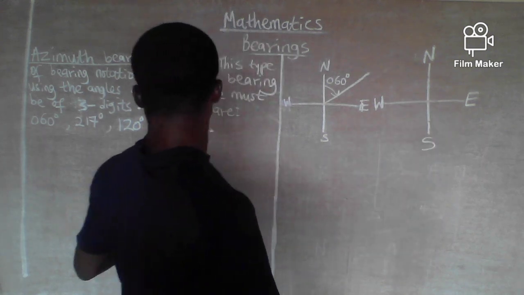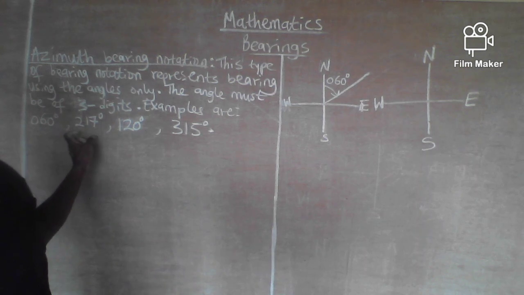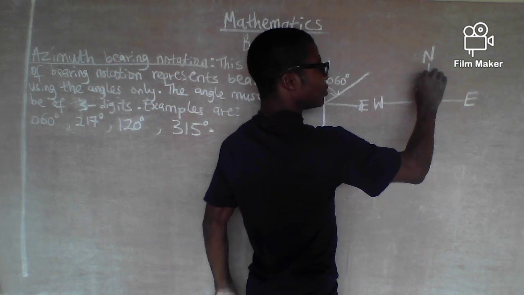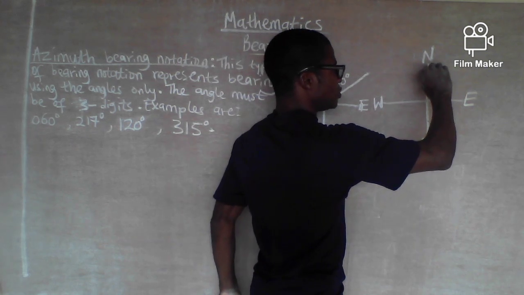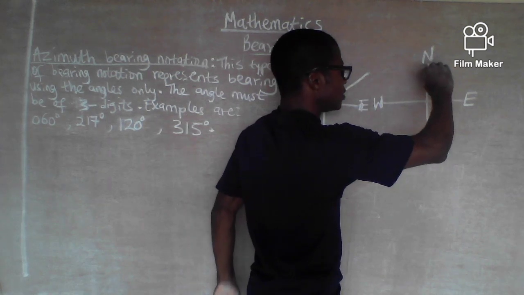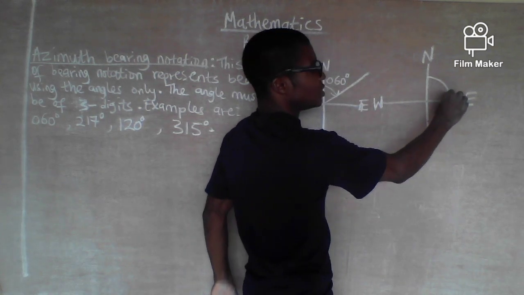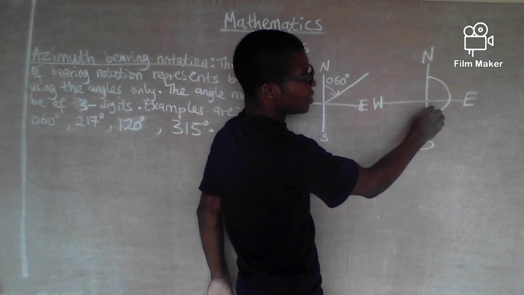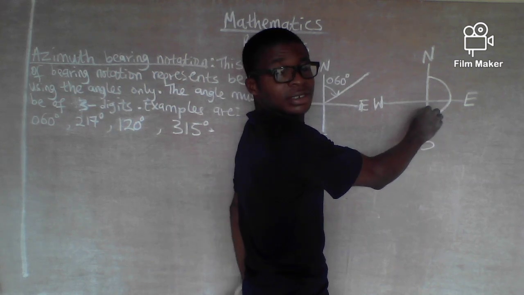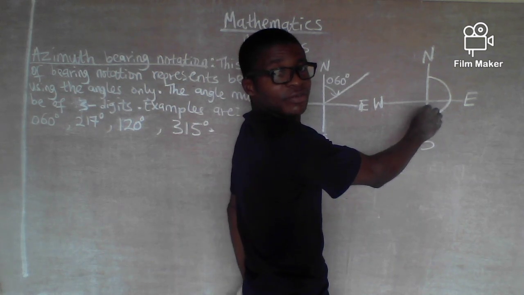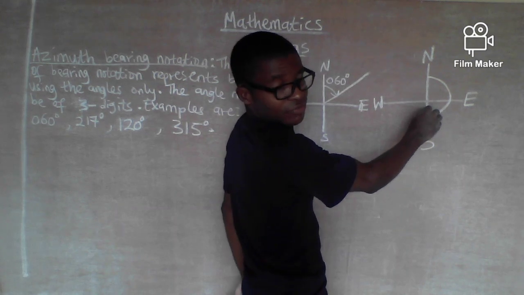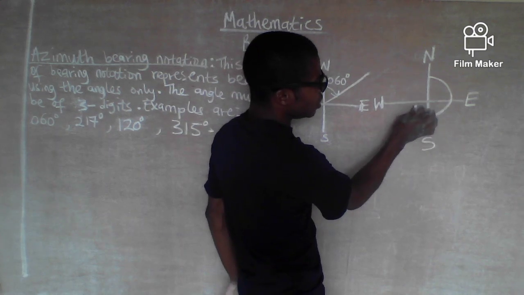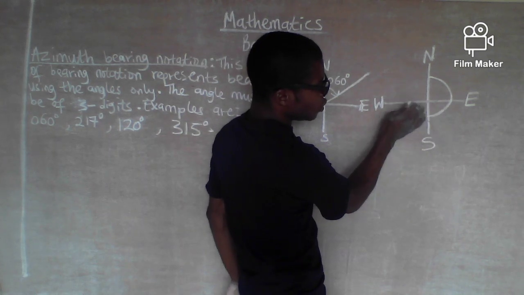So let me represent 217 degrees. From the cardinal point north, I measure 217 degrees. From this point to this point is 90 degrees. Then to this point, 180 degrees. So 217 degrees lies between these 2 points.